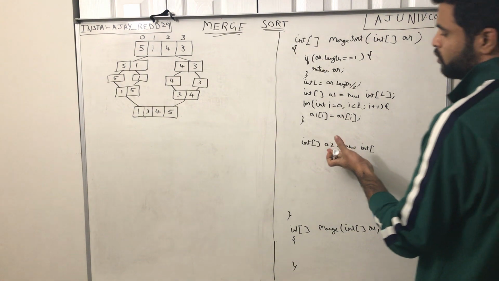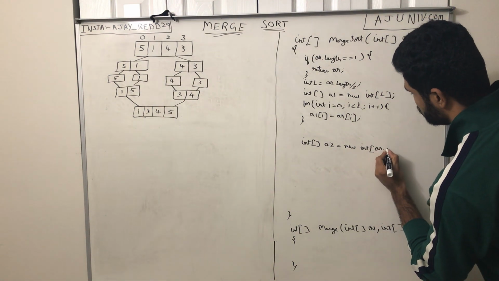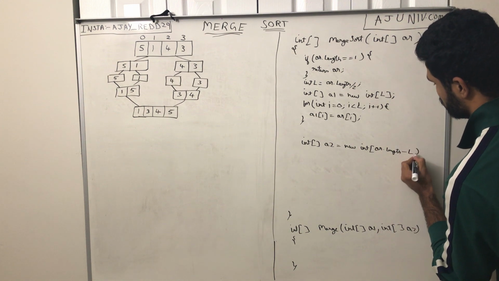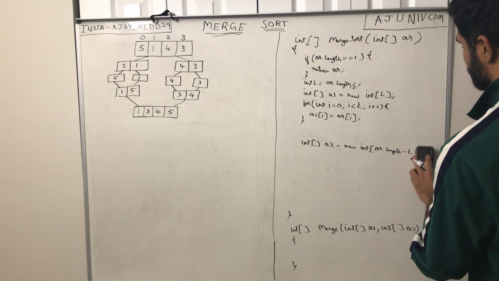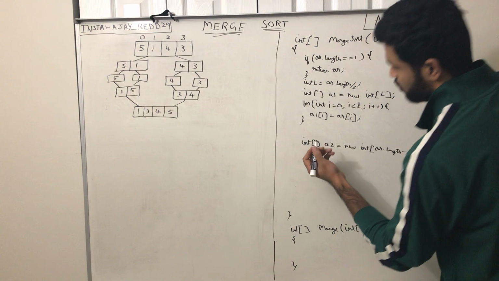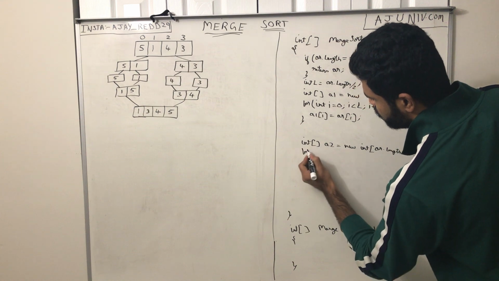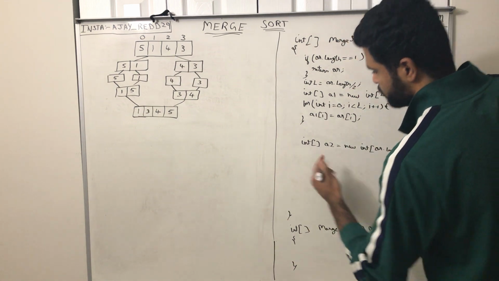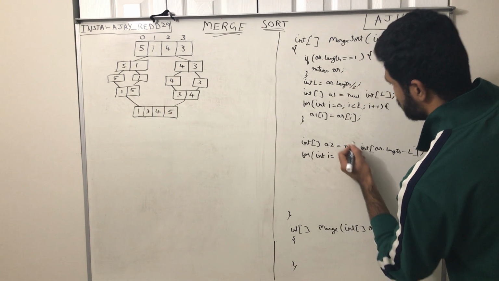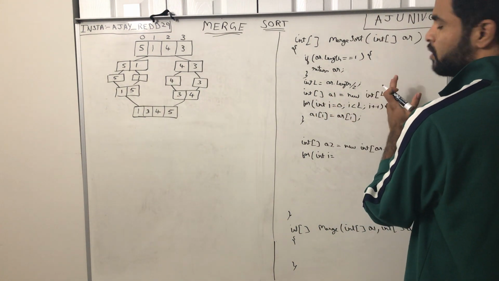Here the array length of A2 would be the total array length minus L, that is array dot length minus L. And again I will store the elements of this subarray into this array, so I will again use a for loop: for int I equal to, so now I added the elements in the previous array till L minus 1.